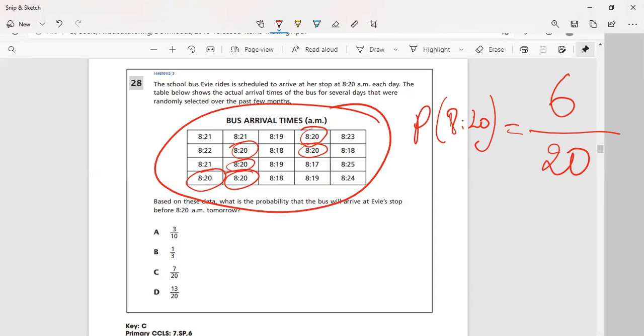So that's the probability, 6 out of the total number of times. And 6 over 20, if you divide top and bottom by 2, you get 3 over 10. So that probability is A, which is 3 over 10.